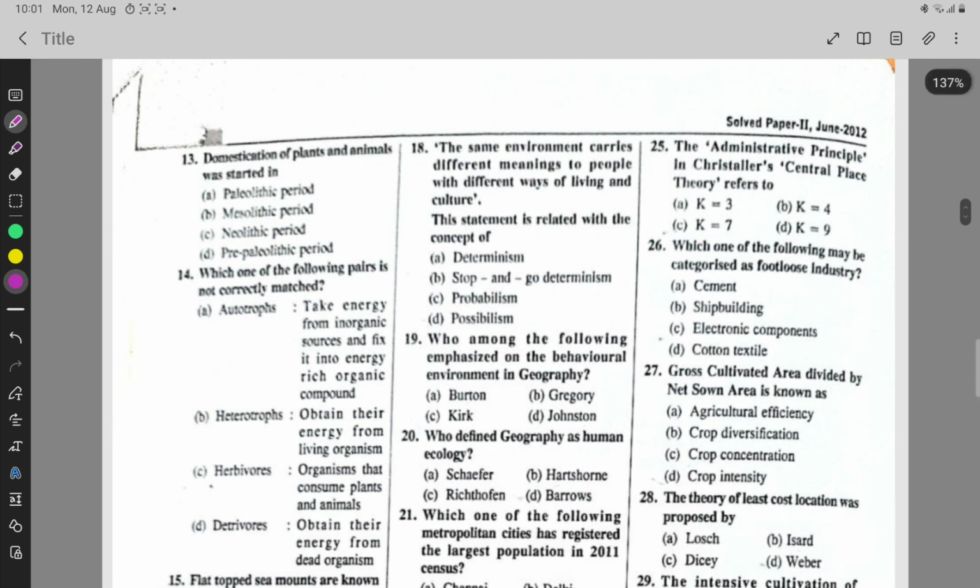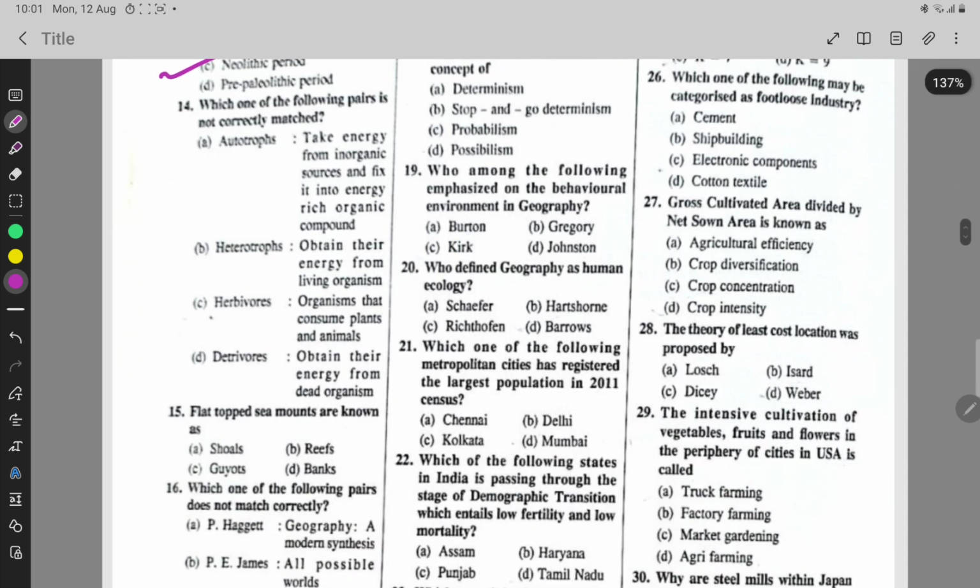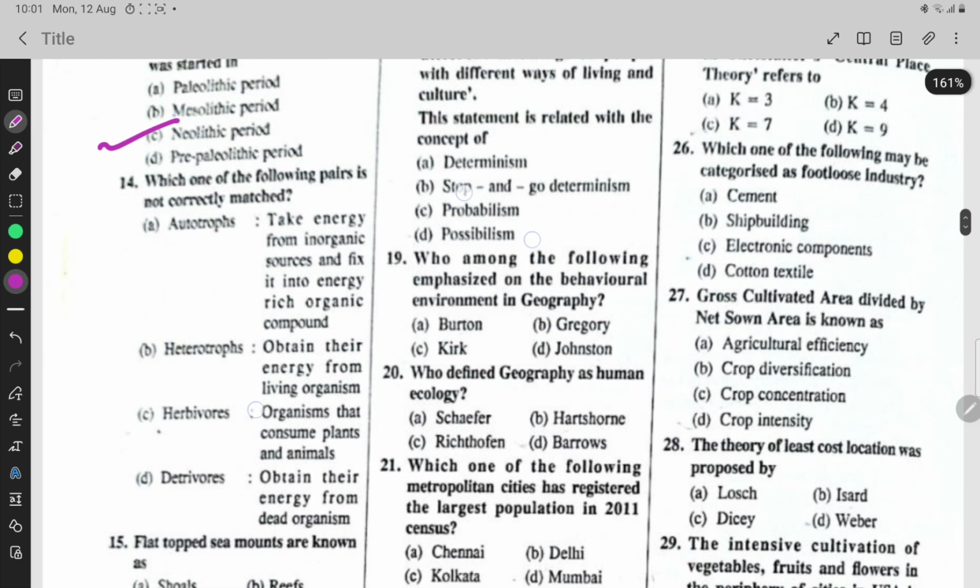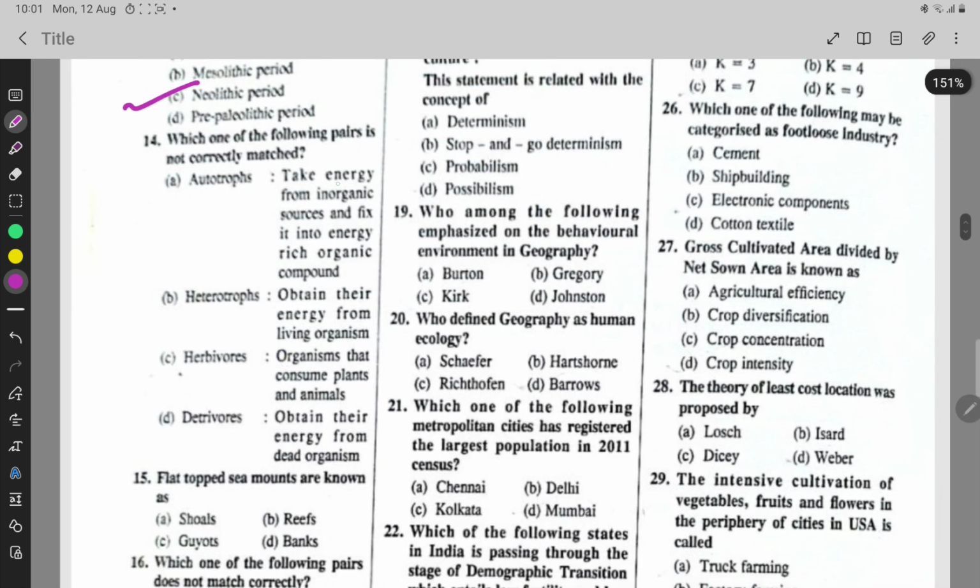Domestication of plants and animals was started in Neolithic period. Which one of the following pairs is not correctly matched? Autotrophs take energy from inorganic sources and fix it into energy rich organic compound. Correct.